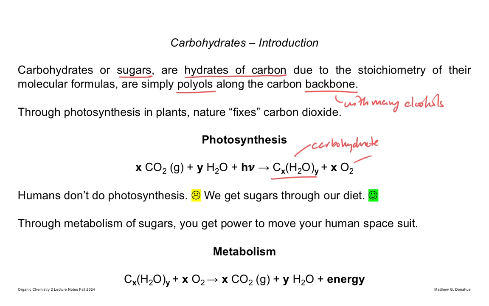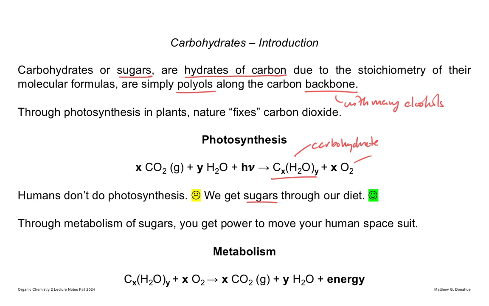Humans don't do photosynthesis. The sun shining on you does other things, but it doesn't produce carbohydrates. We get our sugars through what we eat. When you go into other classes, you'll learn more about metabolism, which is just breaking down a molecule into other things to provide energy.